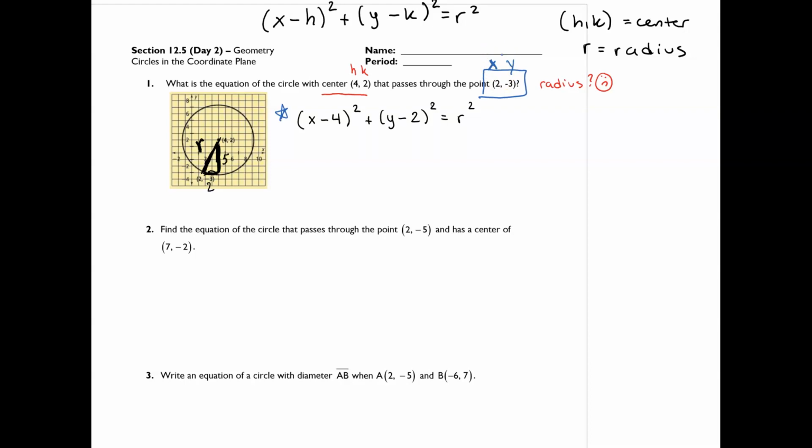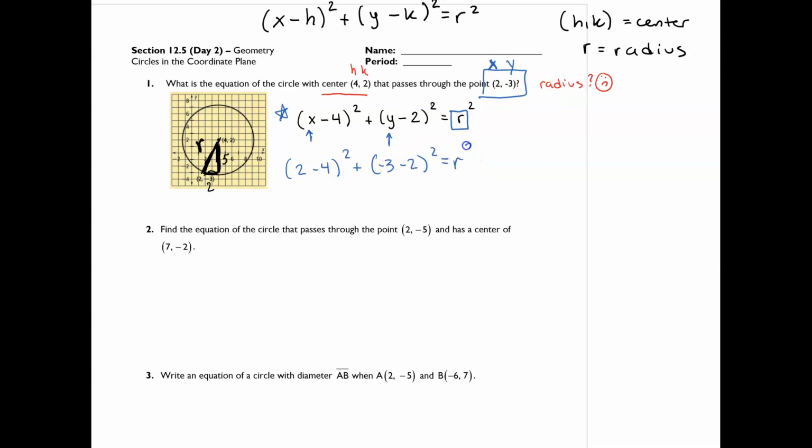We're going to do that because if we want to solve for r, we have to plug in something for x and plug in something for y. So I'm going to replace this x and this y, which are variables, with a specific set of numbers that is on the circle. In this case, our x is 2. Our y in this specific case is -3.